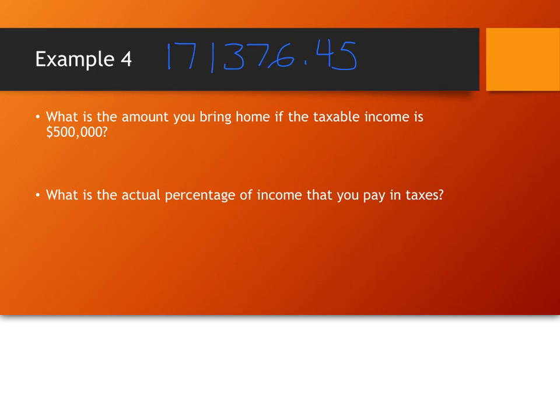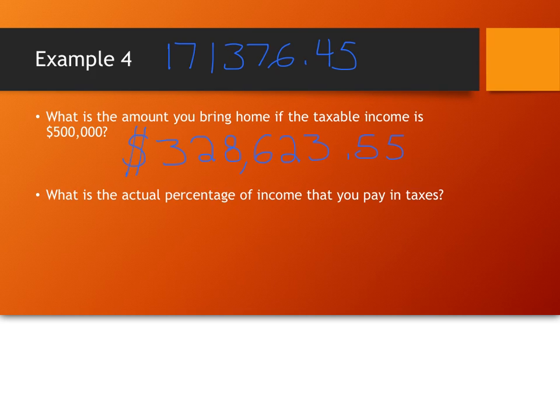And so that comes out to bringing home, if you made 500,000 and paid 171,000 in taxes, you will get back $328,623.55. Again, this is just after federal taxes, and we're not including Social Security or all those other little things they take out of your paycheck.